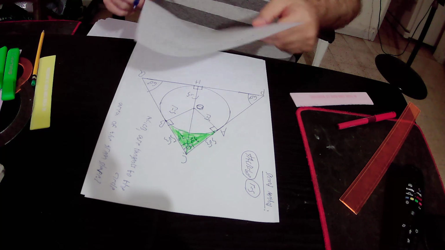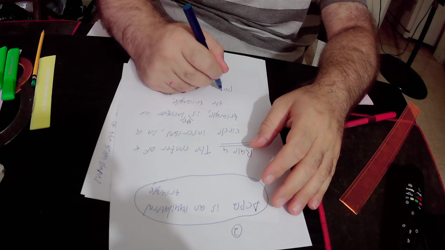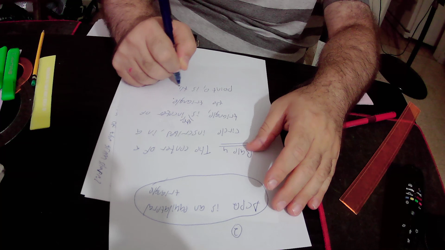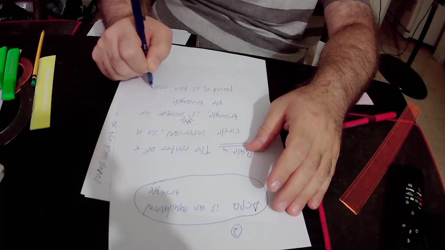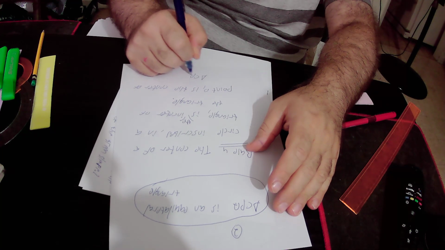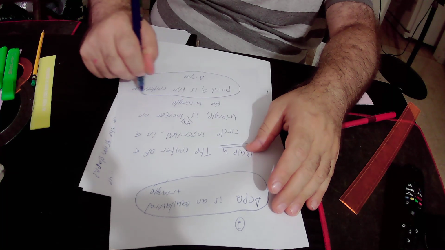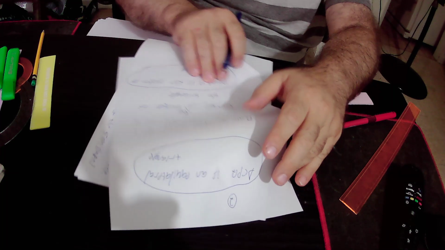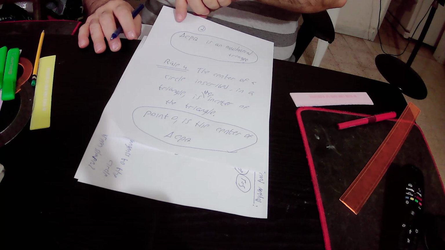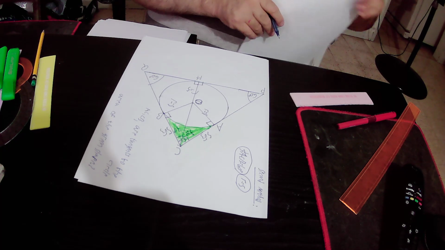So we can conclude from rule number 4 that point O is the center of equilateral triangle CPQ. Again, point O is the center of equilateral triangle CPQ.